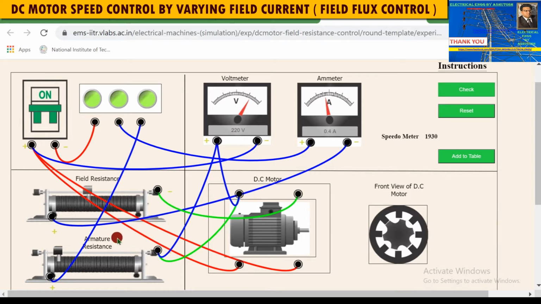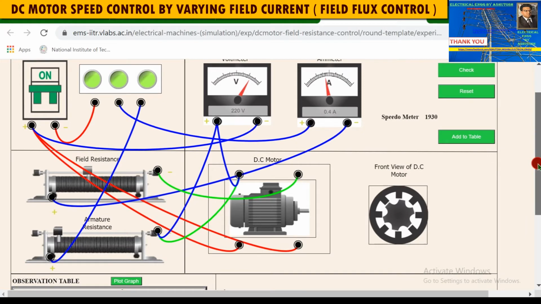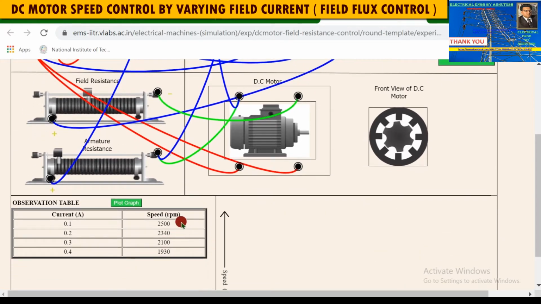Now today you can see the DC motor speed control by using field rheostat control. Here you can see the speed variation. I'm increasing the current by changing the resistance. At 0.1 ampere there is a speed of 2500 rpm, and it decreases when the current increases.